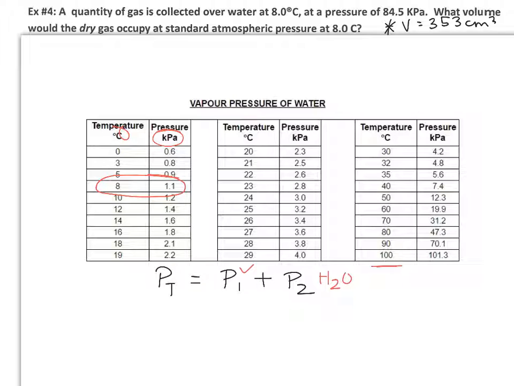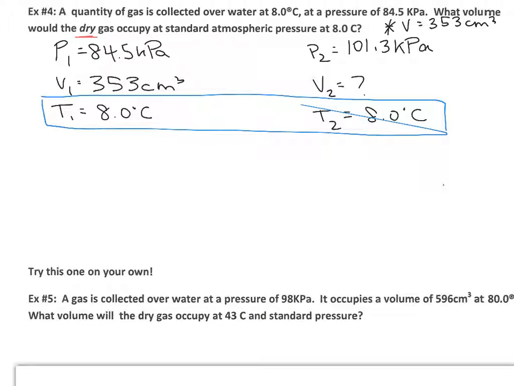So if I substituted my values, I know that the total pressure of my system is 84.5 kilopascals. P1 is what I'm trying to find, and P2 would be this 1.1, remember the pressure exerted from the water. So if I'm trying to solve for my P1 pressure, then all that I'm doing is subtracting 1.1 from 84.5. So let's do that over here. So minus 1.1, and that would give us 83.4.